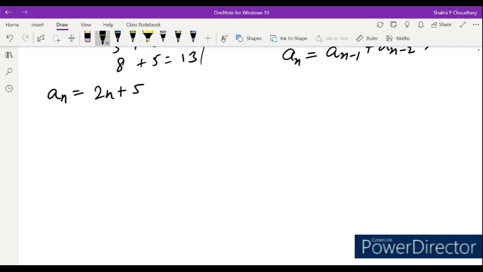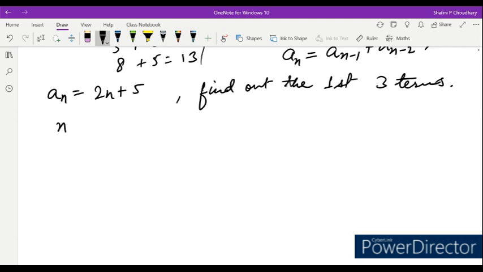This is given, and you have to find out the first 3 terms of the sequence. Okay, so what value will we get if n is equal to 1? In that case, a1, the first term, is 2 into 1 plus 5. So 2 plus 5 is equal to 7.